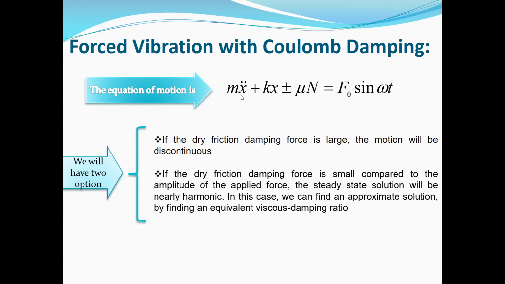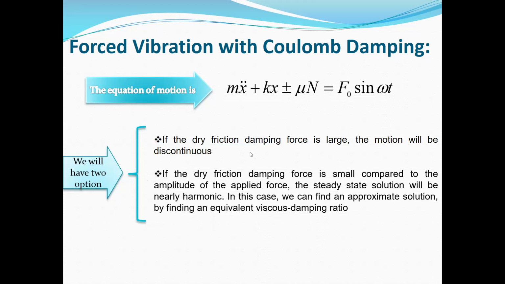So in this case, in fact, we only estimate the response, but this estimation is valid when F is more than mu N. You will see how large F should be and how large the friction force can be. In the next slide, I will explain, and according to the mathematical equation, you will see what the restriction and limitation for mu N is to use this approximation.